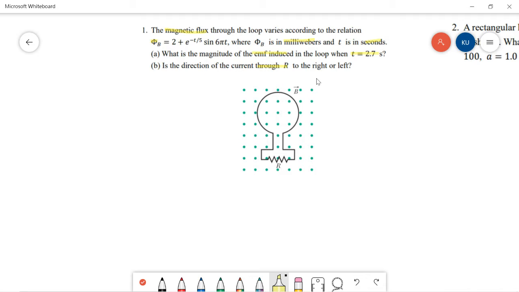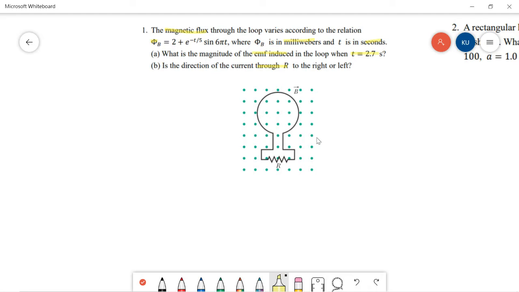For this problem, the physics is that we have a time varying magnetic field, which means the magnetic flux through this loop is also time varying. According to Faraday's law, as long as we have time varying magnetic flux through a loop, it will generate an induced electromotive force in this loop, so there will be current going around.